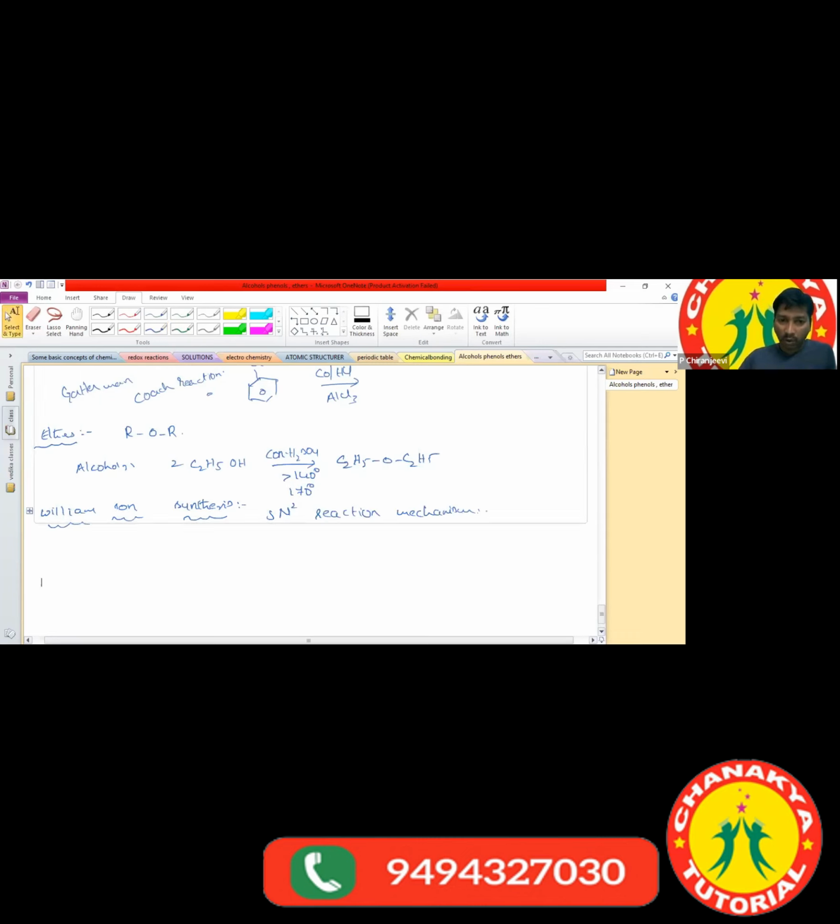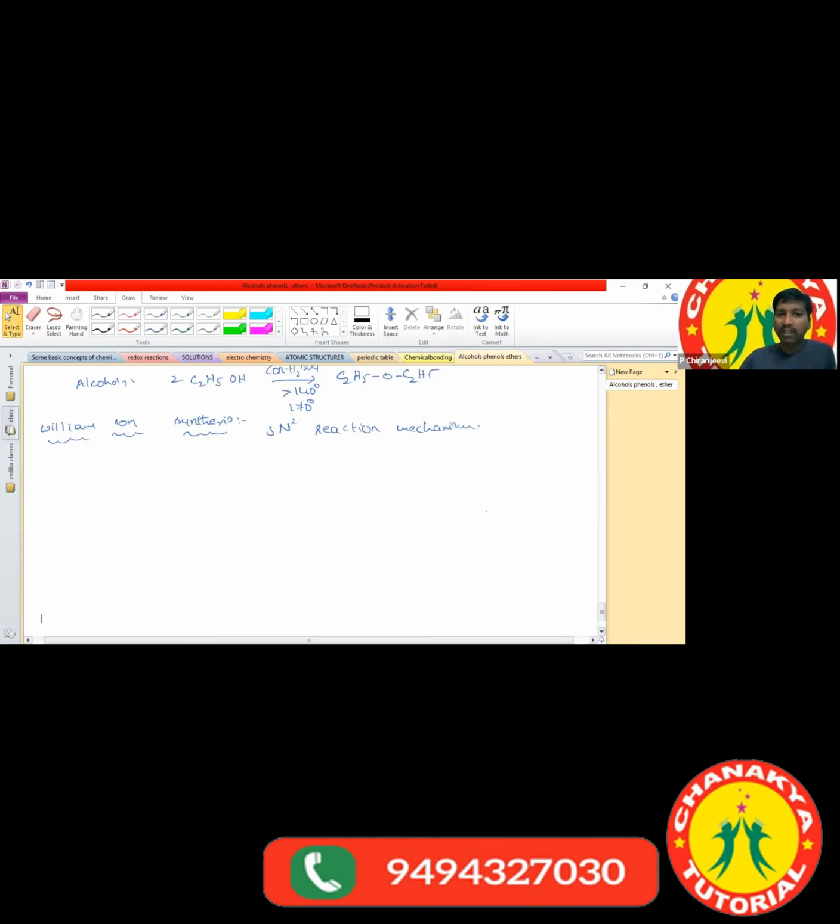Now, sir, how are you going to prepare symmetrical or unsymmetrical ethers? For example, when sodium ethoxide is treated with ethyl chloride, C2H5Cl, by removal of NaCl it forms diethyl ether, C2H5-O-C2H5 plus NaCl.